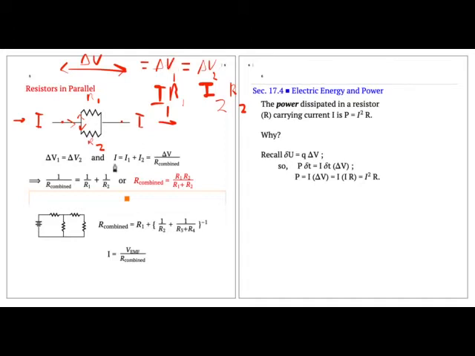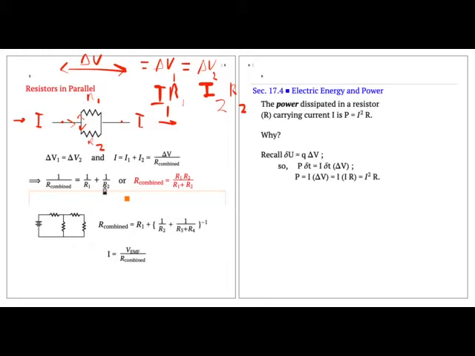So you see, the current is delta V divided by some combined resistance. The current is delta V over R1 plus delta V over R2. So 1 over R combined is 1 over R1 plus 1 over R2.